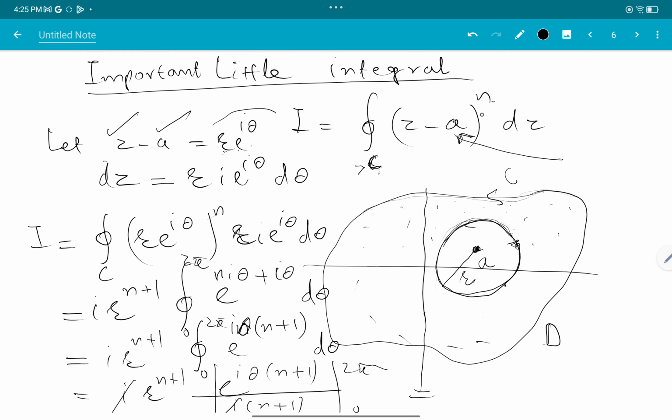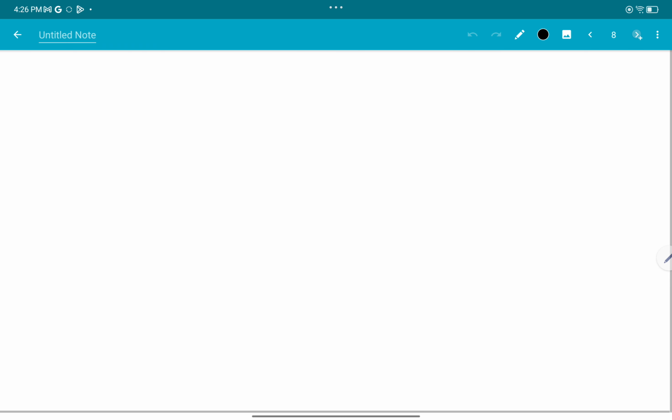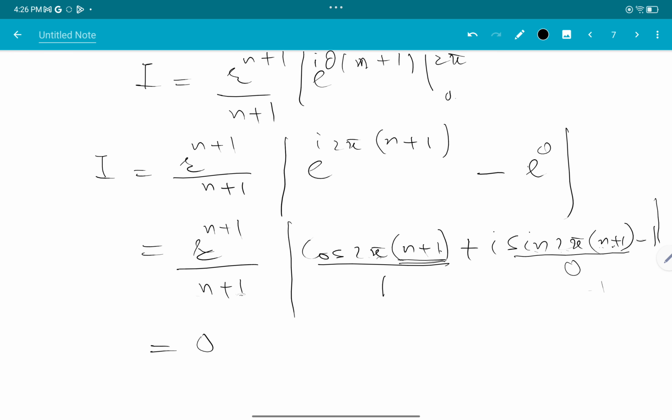If it is minus 2, then this integral is destined to be 0. It is written in its destiny that it will be 0. Now, the case of n equal to minus 1, that's a curious case. We need to handle that separately.